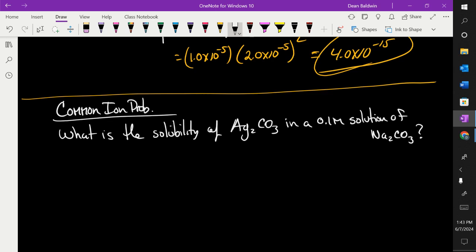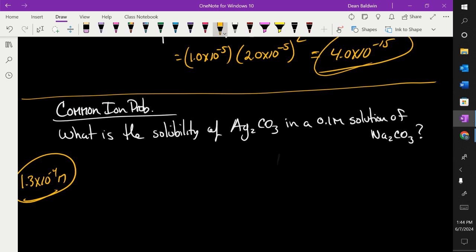Just to bring us back, at the beginning of class, when we did the solubility of silver carbonate, we found it to be 1.3 times 10 to the minus 4 molar, right? Do you think the number will be bigger or smaller than that? It should be smaller, right?